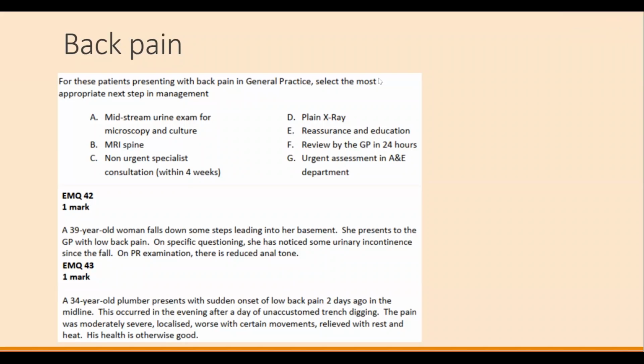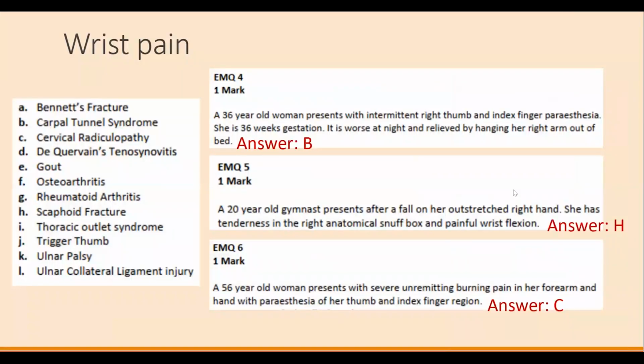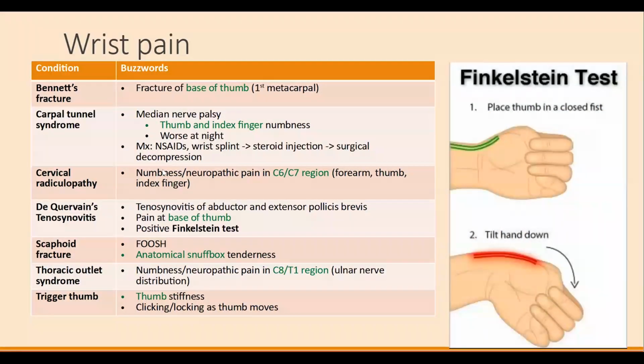There was just a question about one of the previous questions as well, which I might just explain if you're happy to go back to that slide quickly. It was asking about the difference between J, trigger thumb, and D, de Quervain's tenosynovitis. De Quervain's tenosynovitis particularly affects the base of the thumb, whereas trigger finger can happen in any of the fingers and makes it difficult to straighten out the finger.